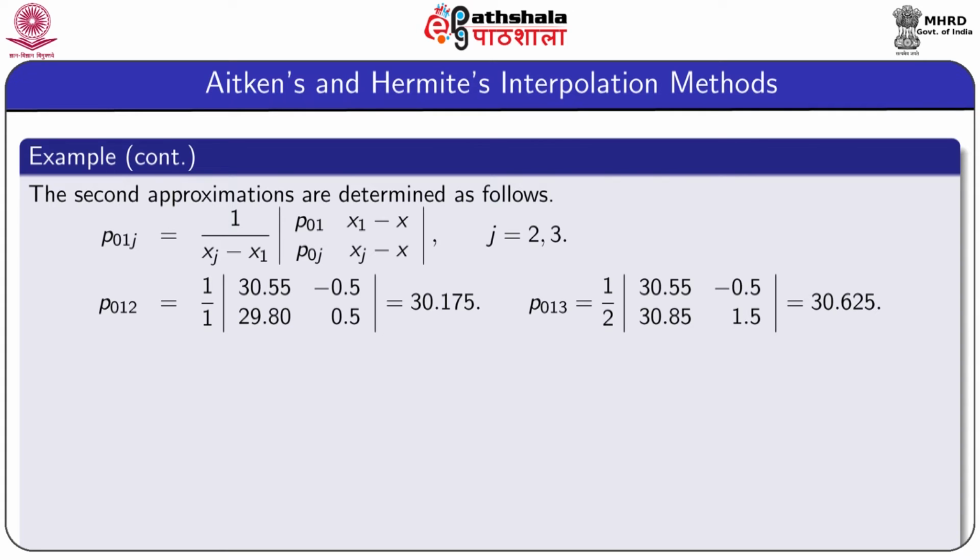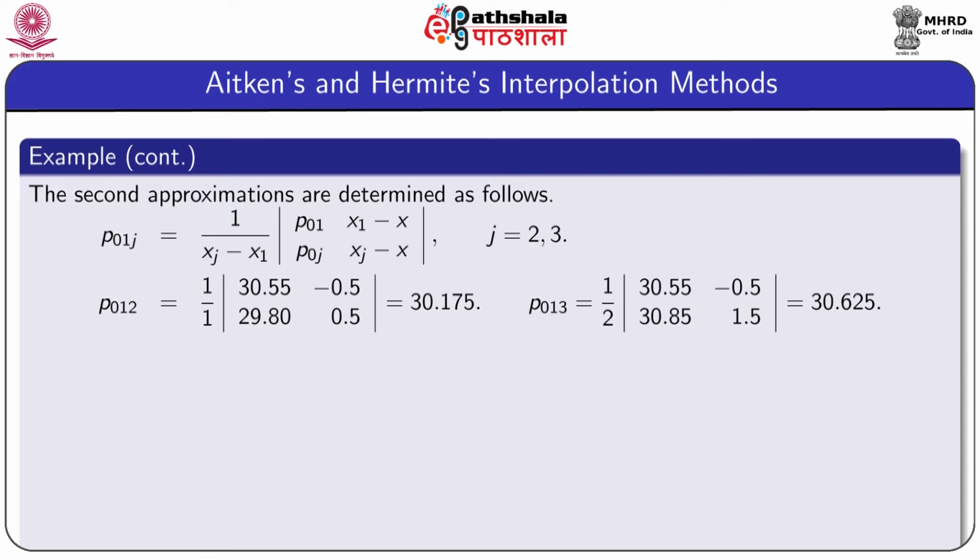When j equals 3, the value of p 0 1 3, that means the second quadratic polynomial, is equal to 1 by 2, because x 3 minus x 1 is equal to 2, and p 0 1 is 30.55, but p 0 3 is 30.85, and the value of x 1 minus x remains unchanged, that is minus 0.5, and x 3 minus x is equal to 1.5.